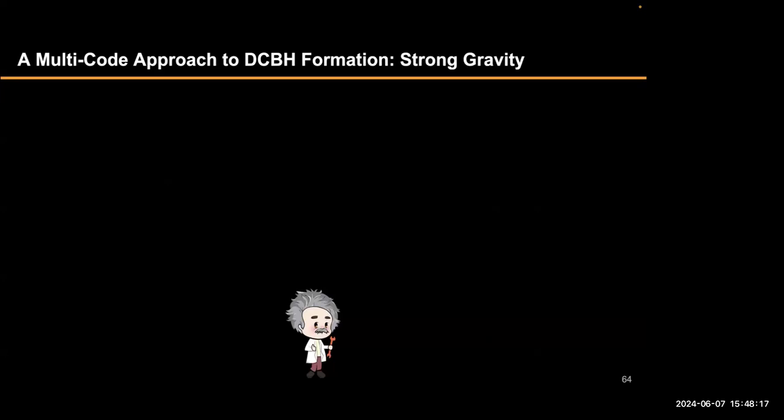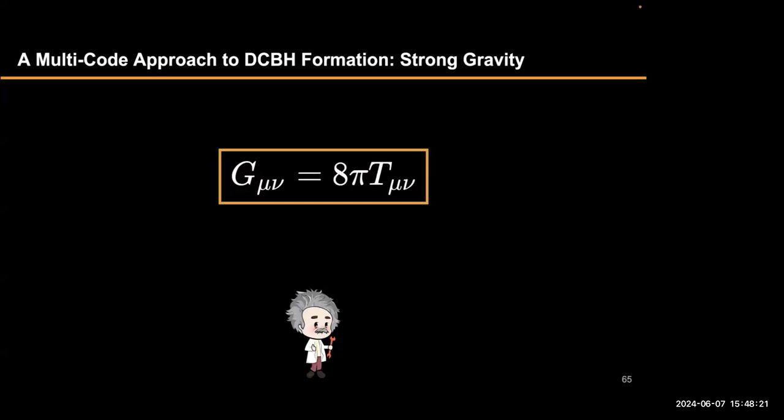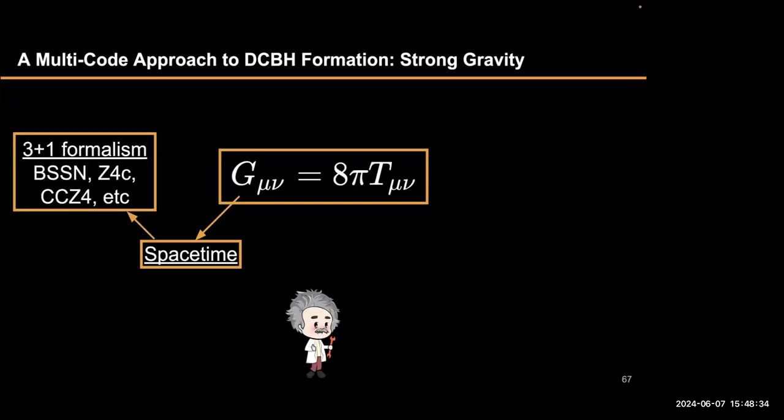And as I think everyone has already seen before, our goal is to solve Einstein's equations. And as usual, we have space-time on the left, matter on the right. The space-time can be solved using one of the many formalisms that we are already using, BSSN, Z4C, CCZ4, for example. And then the matter usually will be GRHD or GRMHD, for general relativistic hydrodynamics, with or without magnetic fields.